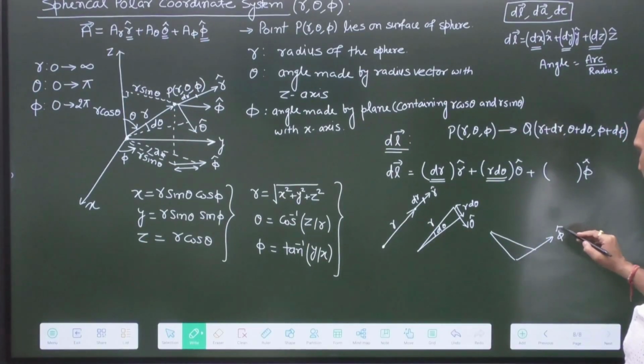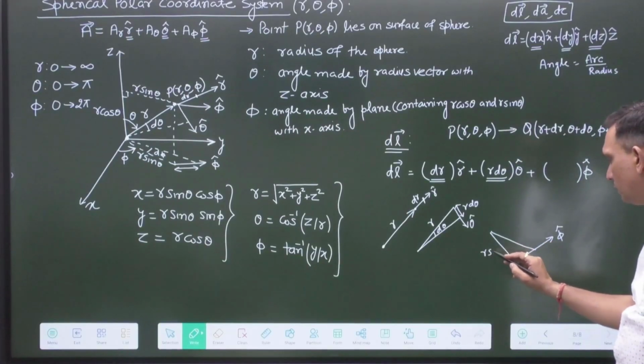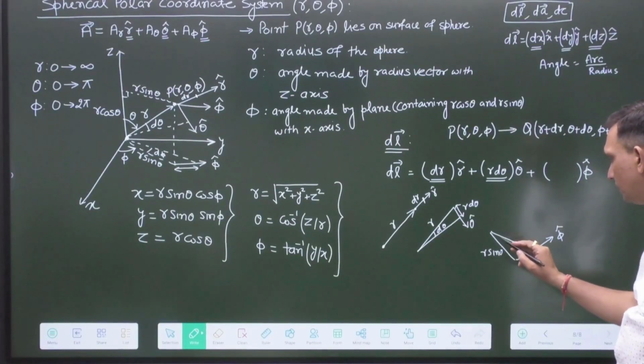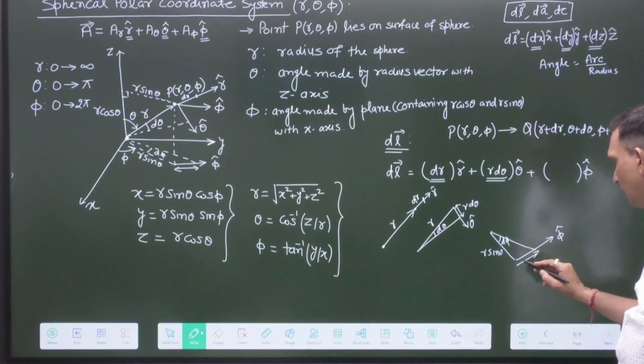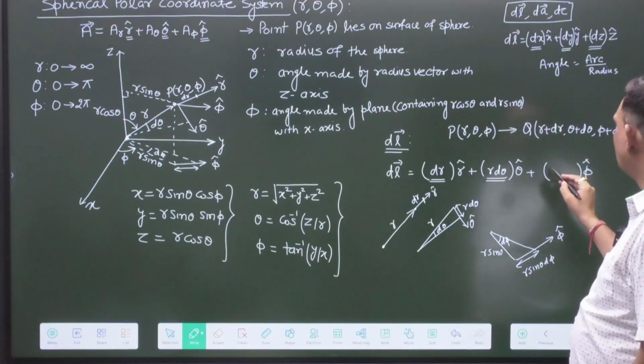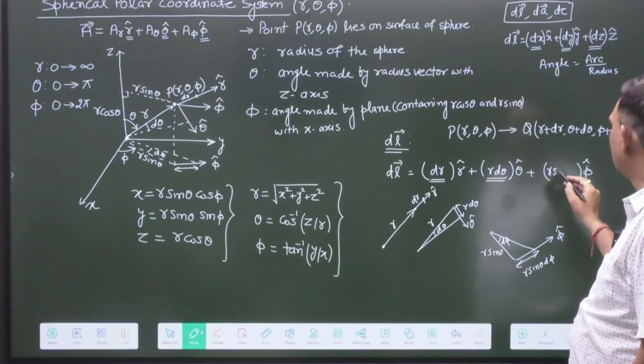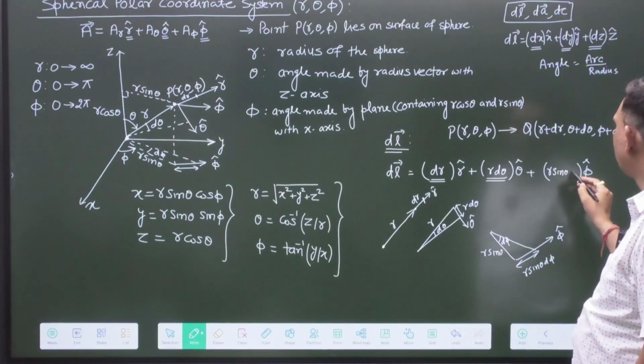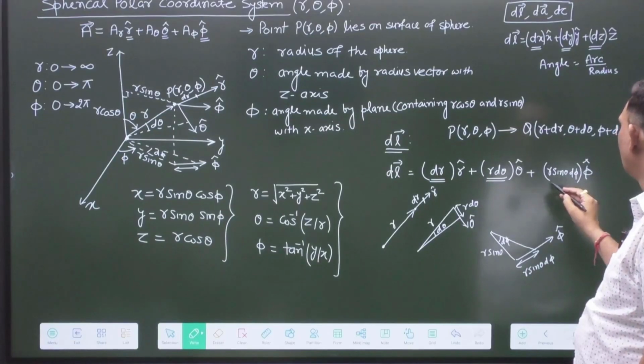This is phi cap. This is r sine theta. This will be d phi. So again the arc will be r sine theta into d phi. So this is r sine theta into d phi.